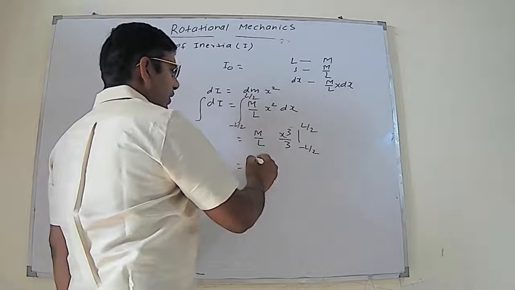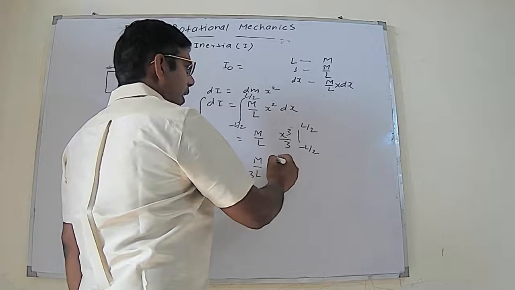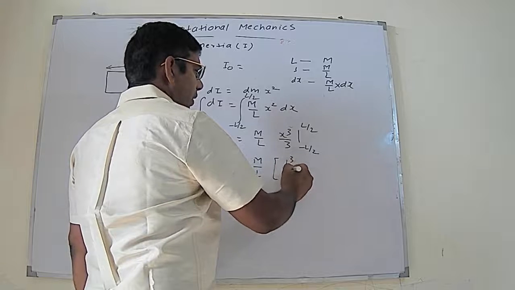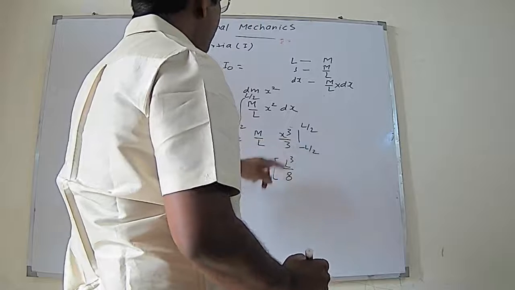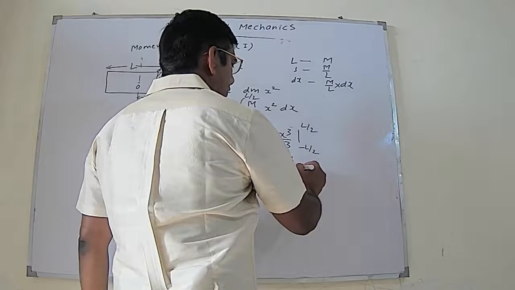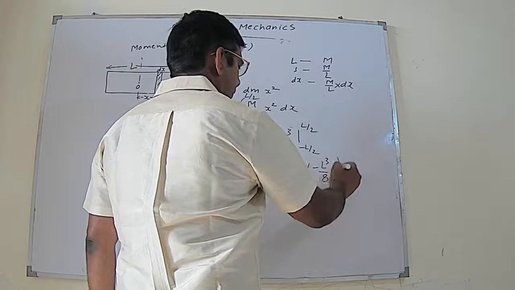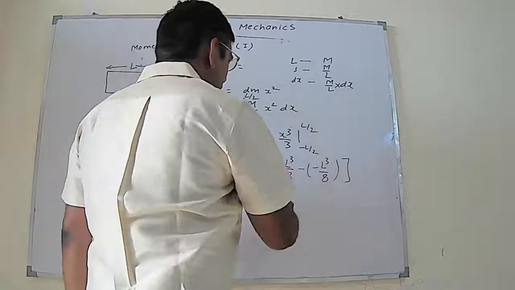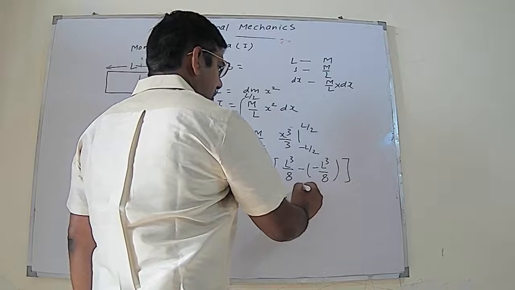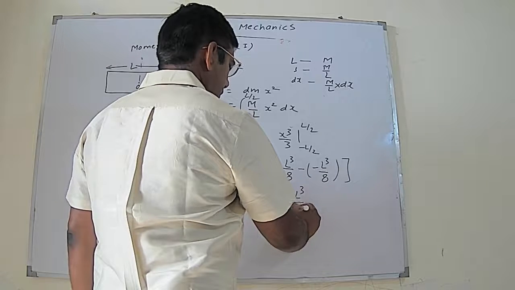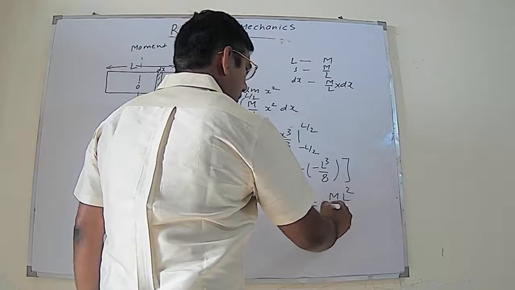So we get m by 3L, with L cube by 8 minus minus L cube by 8, which is m by 3L into L cube by 4. So it is mL square by 12.